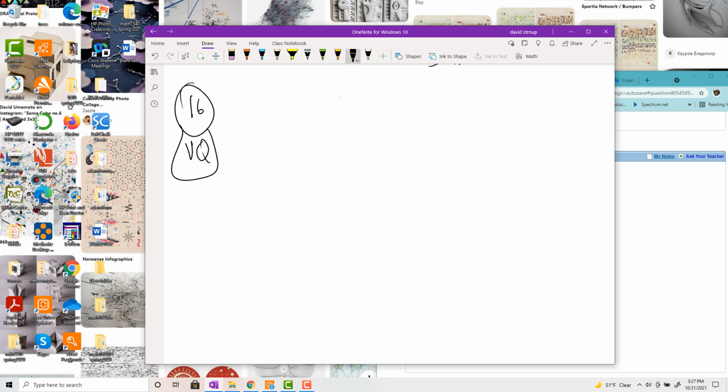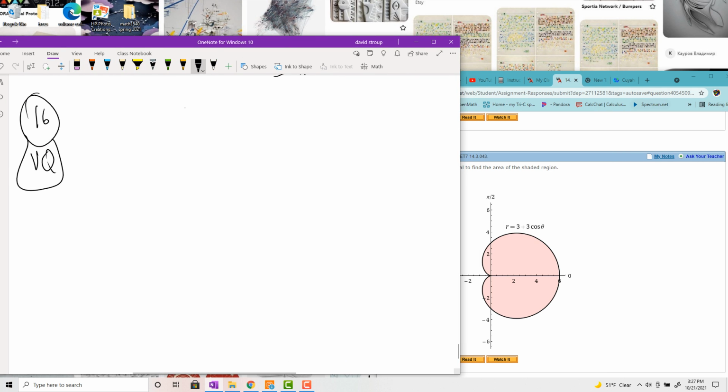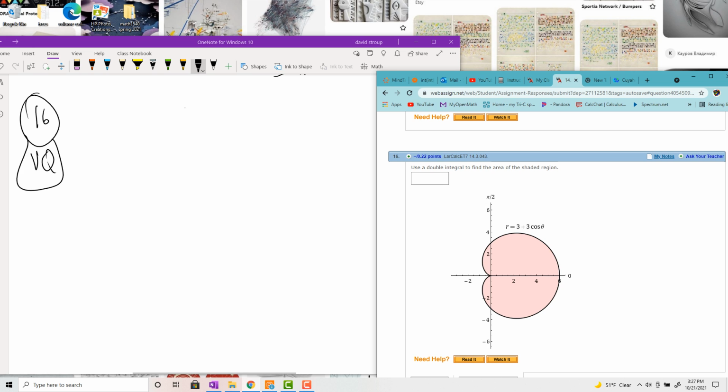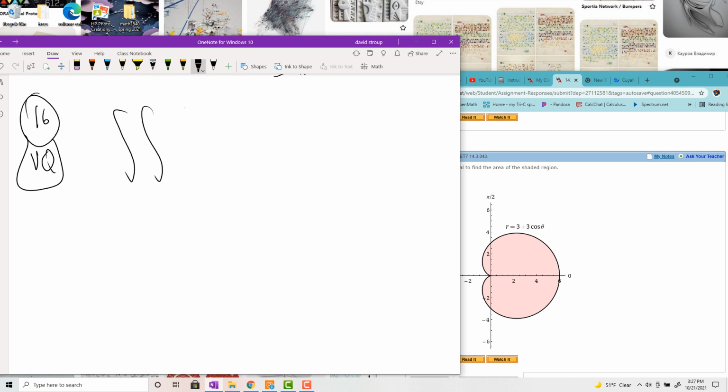Okay, so I need to use a double integral to find the area of the polar region. Basically, your innermost integral has the function 1, like the height. If you make it into a three-dimensional object by opening it up, you'll have a height of 1.